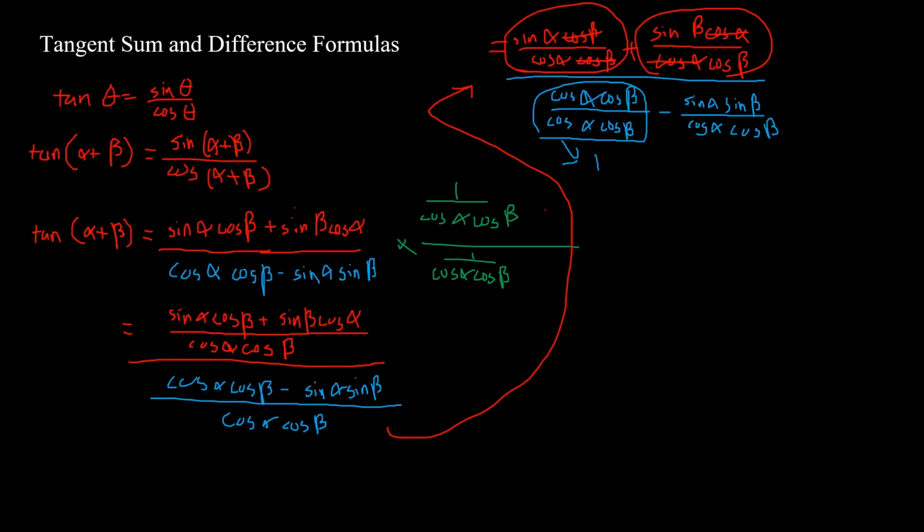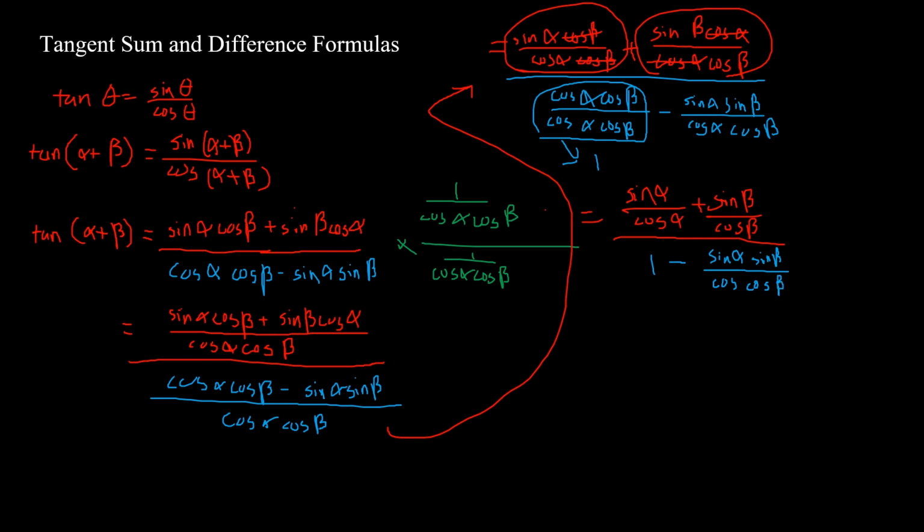And basically what we're left with is just this: sine alpha over cosine alpha plus sine beta over cosine beta, all over 1 minus sine alpha sine beta all over cosine alpha cosine beta.